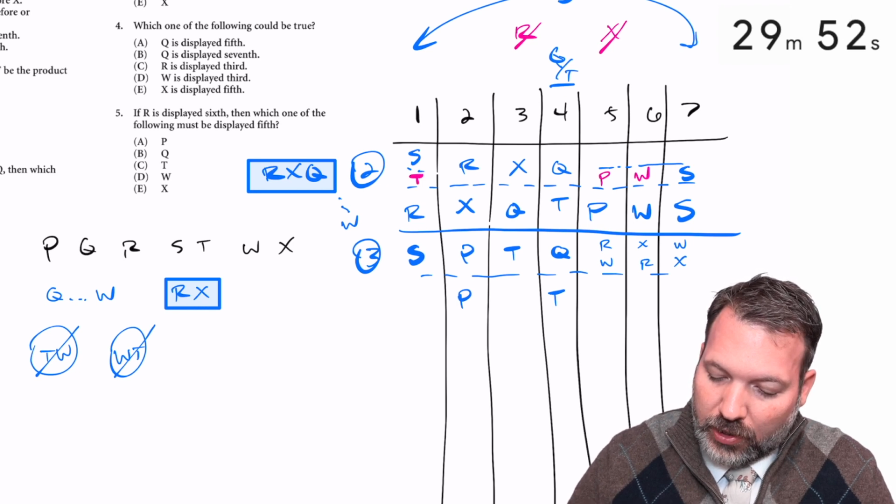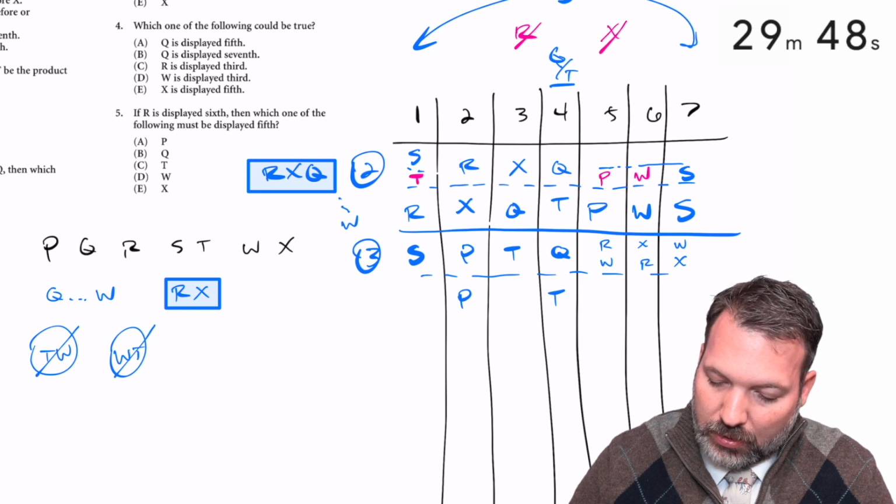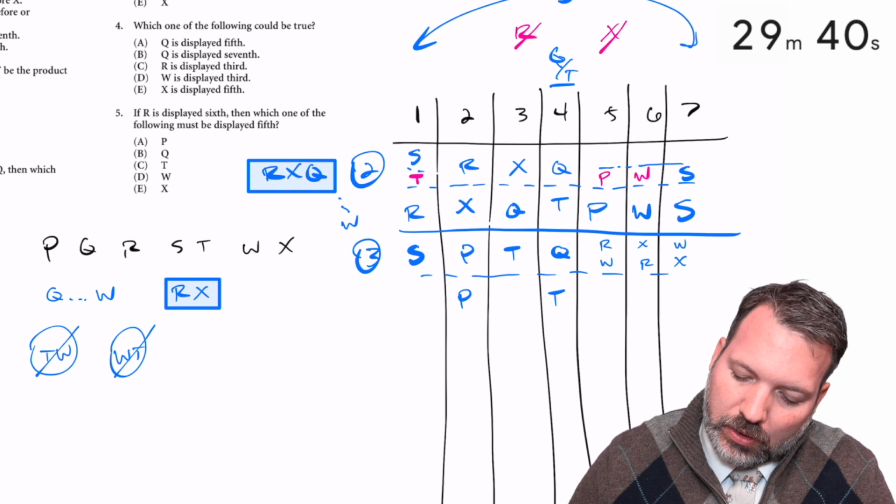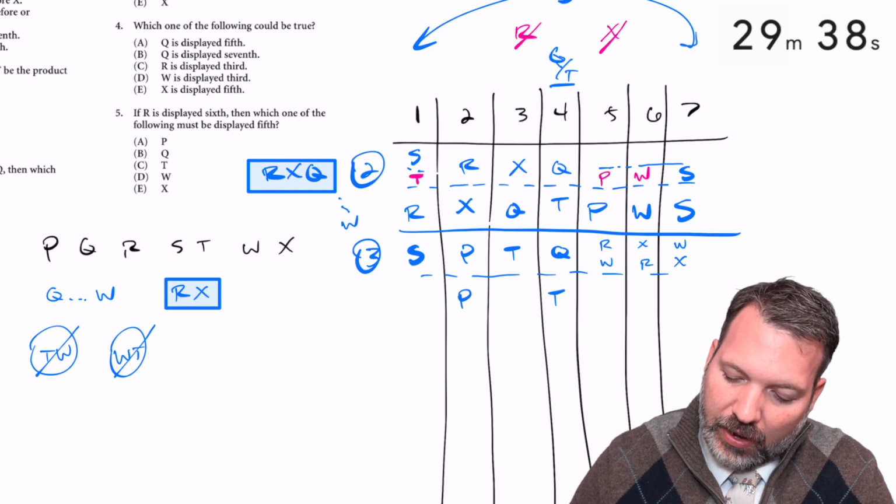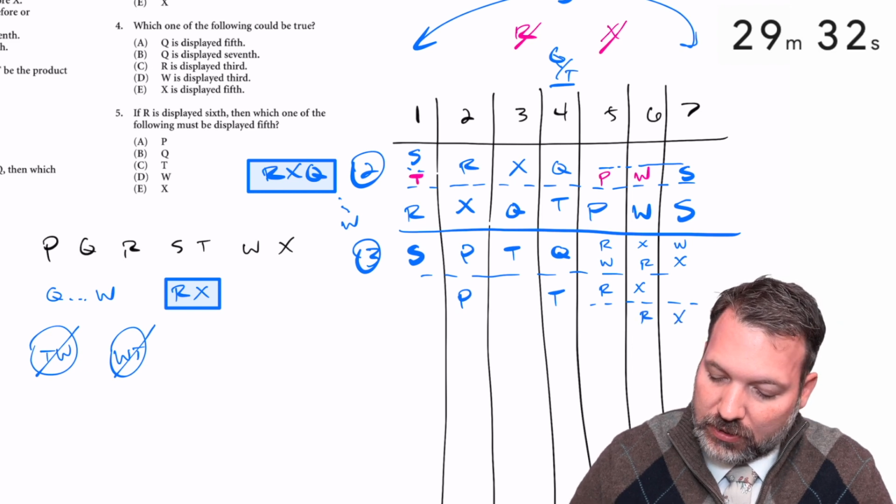If it's just RX and something, what can I say about the other scenario with T going fourth? I have to have either RX in 5, 6 or RX in 6, 7.